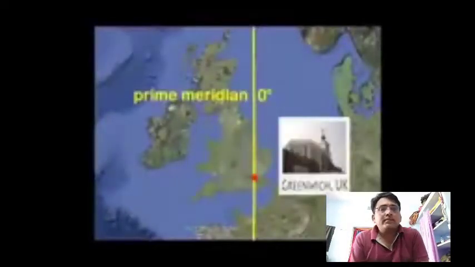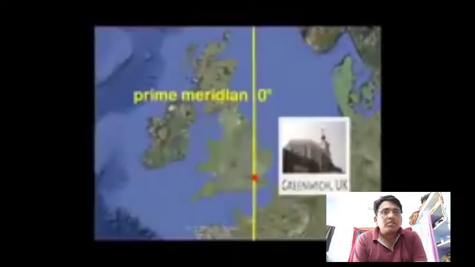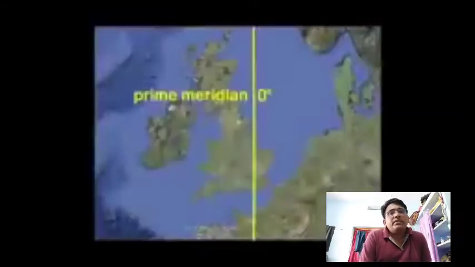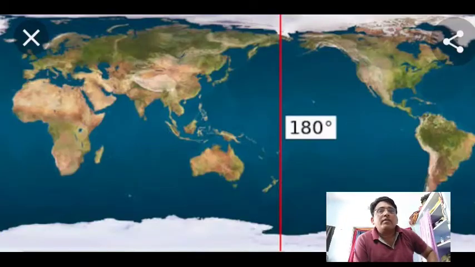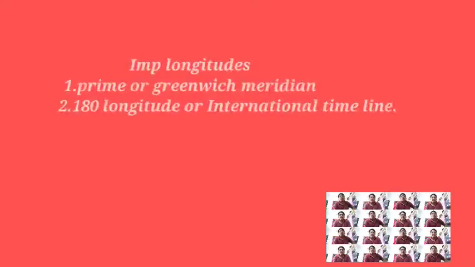This is called the prime meridian. This line passes through the Royal Observatory at Greenwich in London. The second important longitude is 180 degrees east-west longitude. These two are important longitudes.